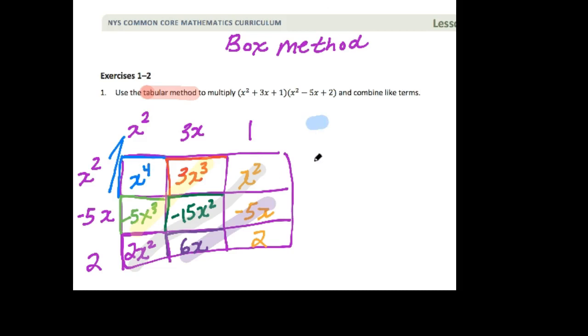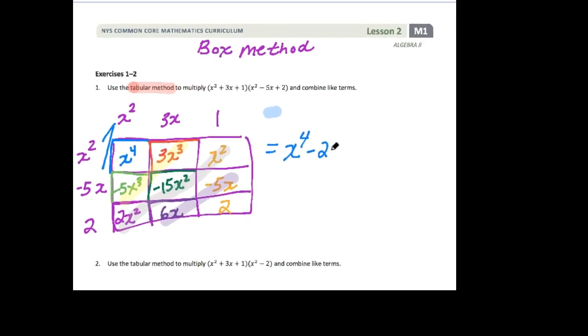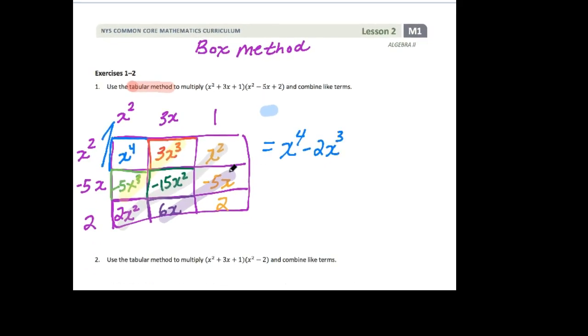There's only one x to the 4th, so x to the 4th comes down. Negative 5x cubed plus 3x cubed is minus 2x cubed. 2x squared minus 15x squared is negative 13x squared, plus 1x squared, that's minus 12x squared.